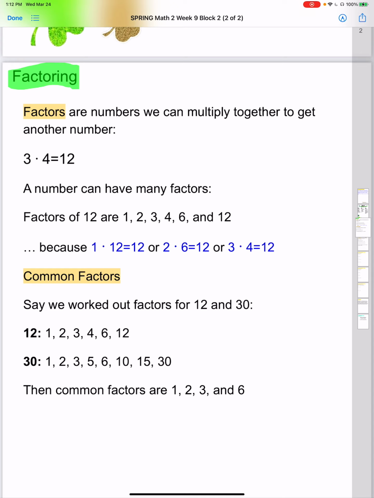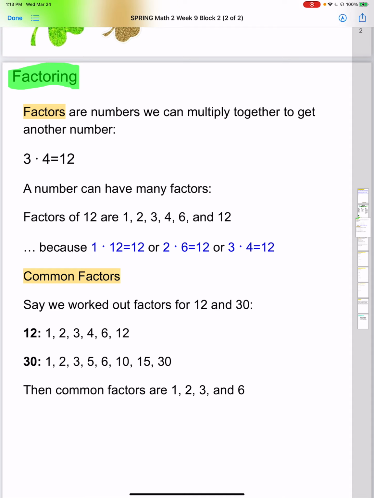Now, there's something else called common factors. Let's say we worked out the factors for 12 and 30. We just talked about the ones for 12, but if you broke down 30 and looked at all the factors of 30, and remember, these are not just the prime factorization, but all factors of 30, you would see that that's 1, 2, 3, 5, 6, 10, 15, and 30.